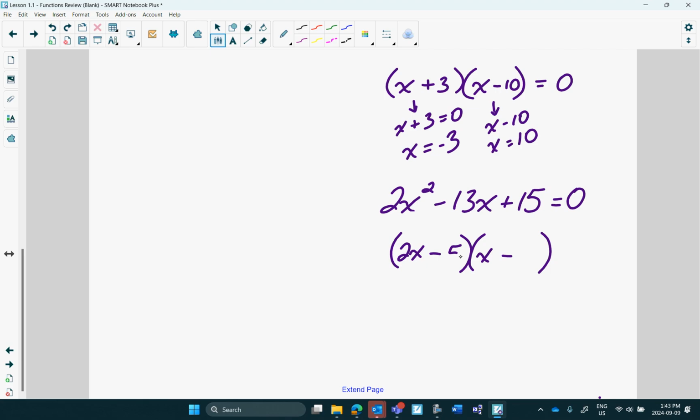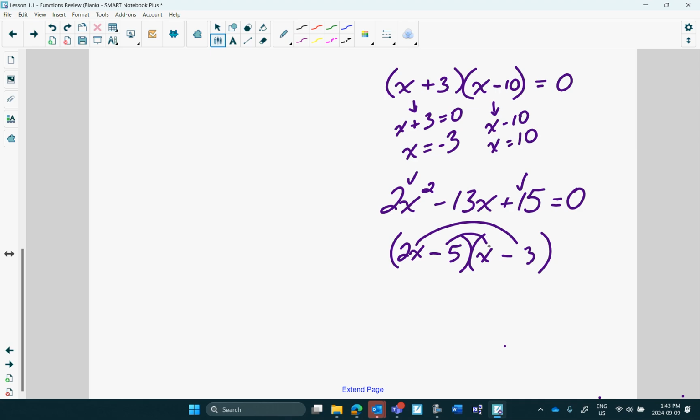Okay, well, I'm going to try this. You guys are right, but I'm just going to show you. Let's say I did 5 and 3. Well, if I multiply the first two, I get this. If I multiply the last two, I get this. It's the middle I'm not sure about just yet. How do I check what the middle is?